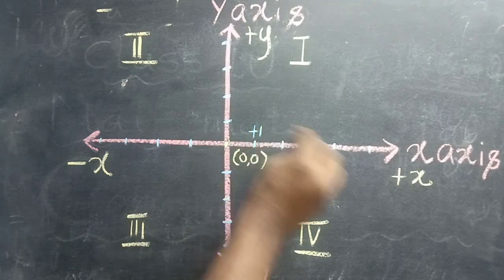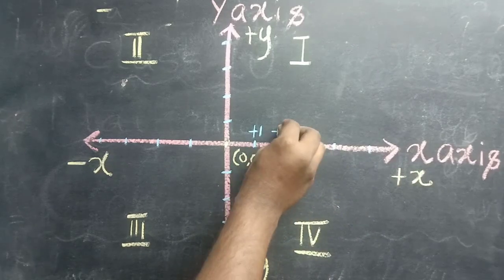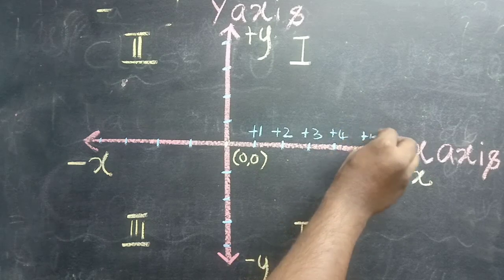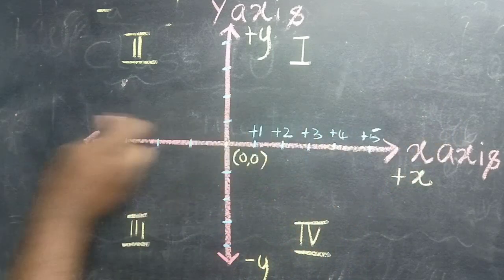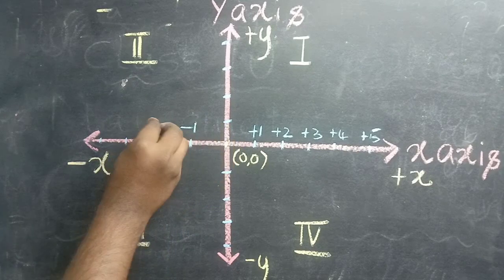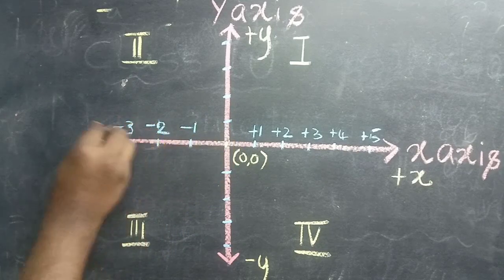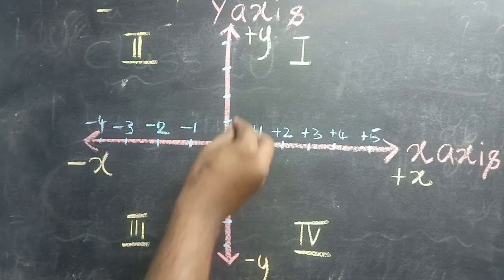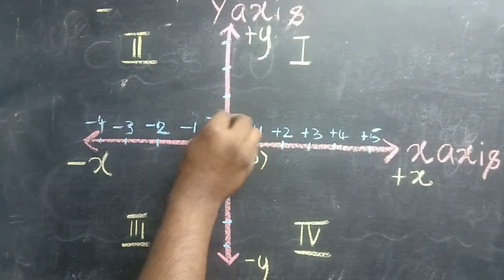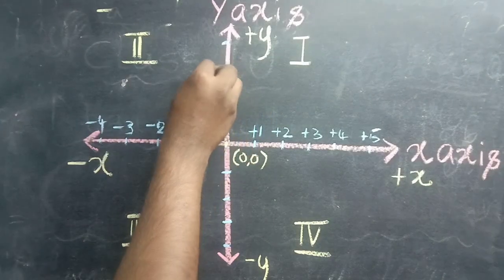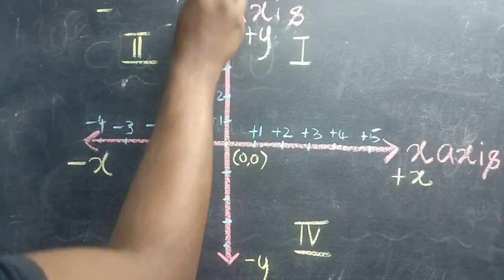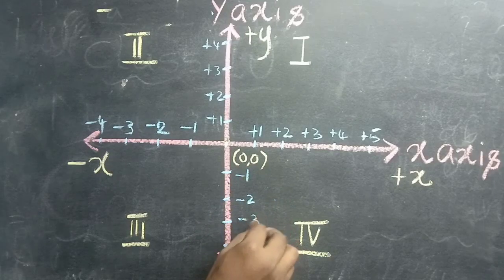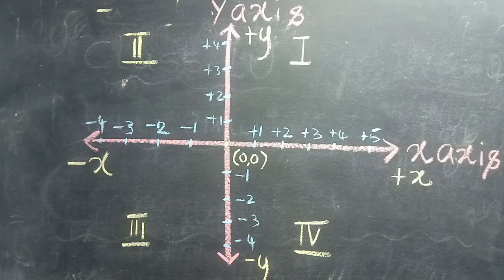On the positive x-axis it is +1, +2, +3, +4, +5 and so on. In the same way on the negative x-axis it is -1, -2, -3, -4 and it will continue. In the same way, on the positive y-axis it is +1, +2, +3, +4 and so on. Now on the negative y-axis it is -1, -2, -3, -4.